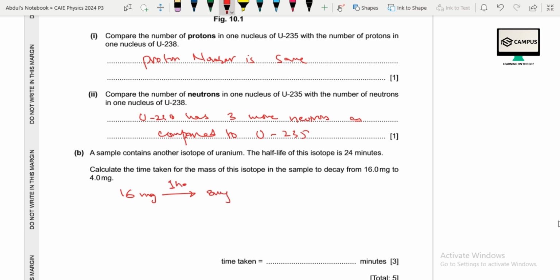That's one half-life. And then 8 milligram would drop to 4 milligram in another half-life. So a total of two half-lives would decrease the mass of this isotope of uranium from 16 to 4 milligram. So two half-lives, that is 48 minutes.